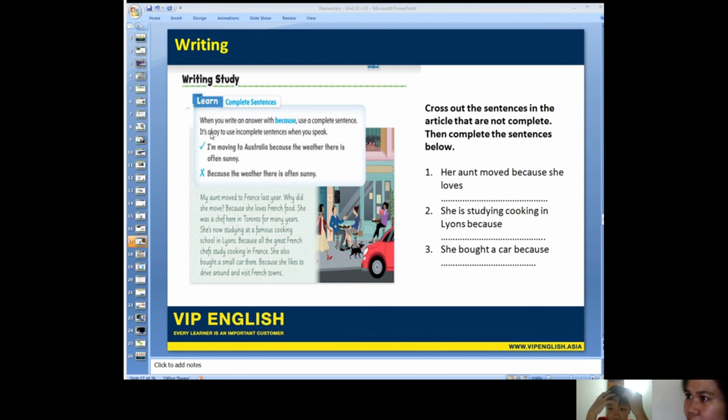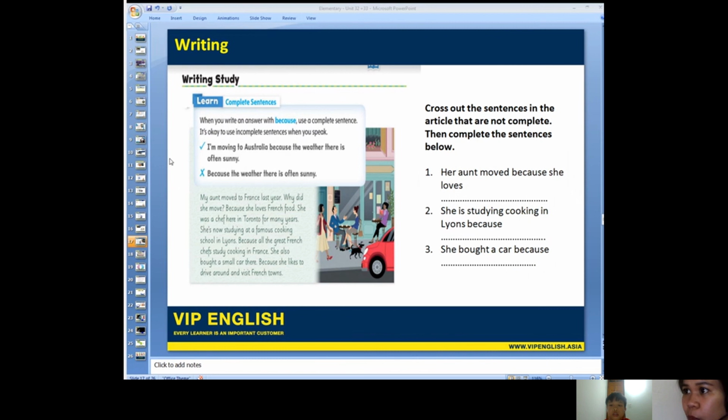But it is okay to use an incomplete sentence when you speak. You can start with saying because when you speak, okay? But when you write, remember to use a complete sentence.